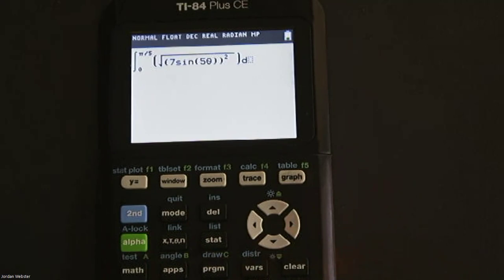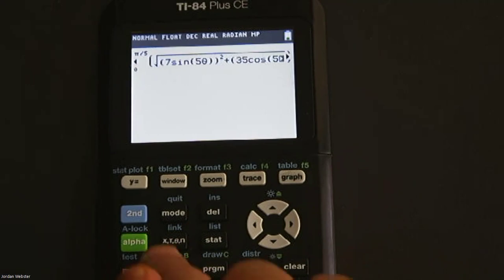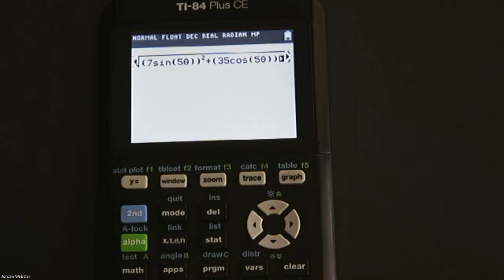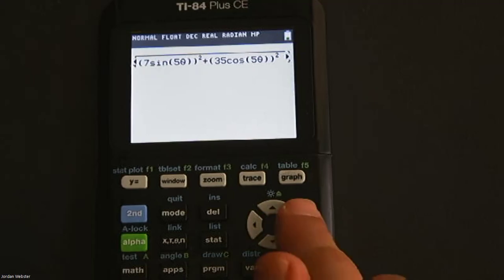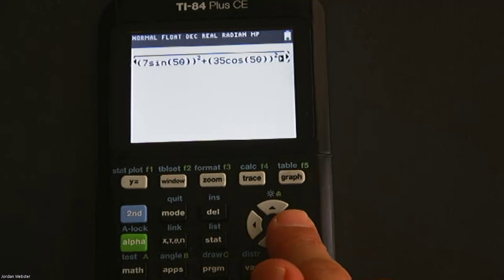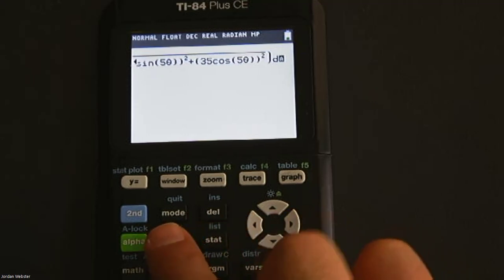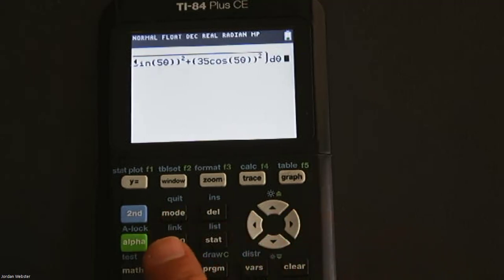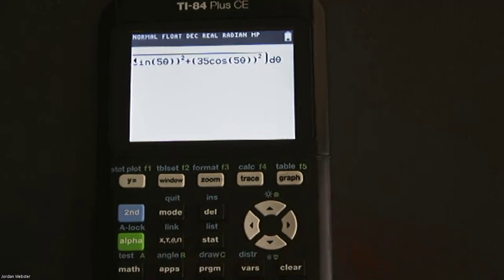Make sure the 7 and the sine are both inside the squared. And then inside another parentheses, it's going to be 35 times cosine of 5 theta inside that parentheses and square that. Integrate with respect to theta. Again, I just hit the variable key and I get a theta.